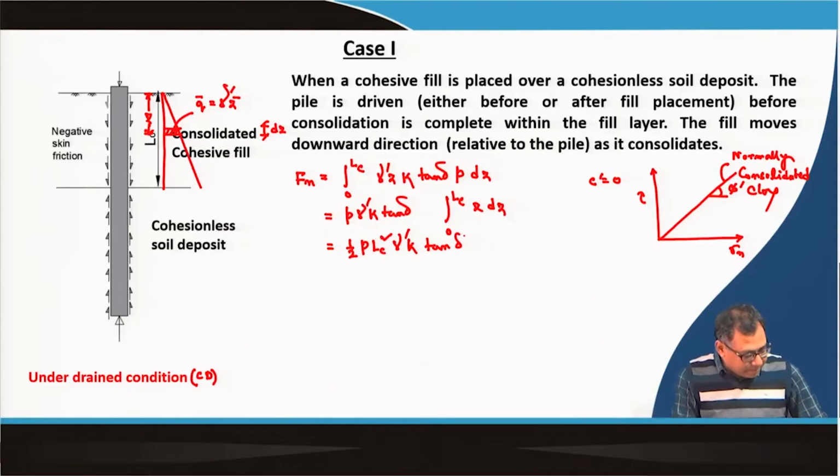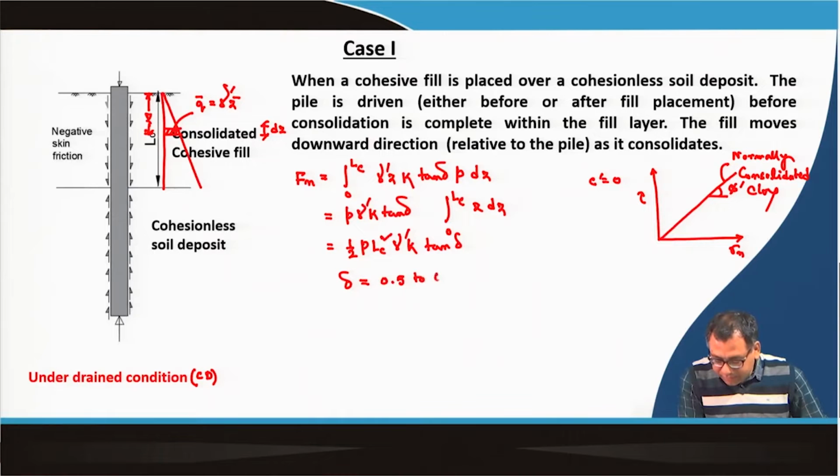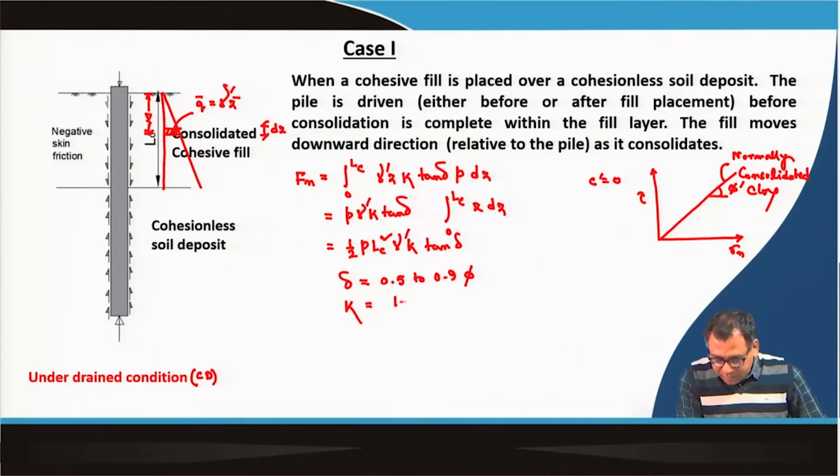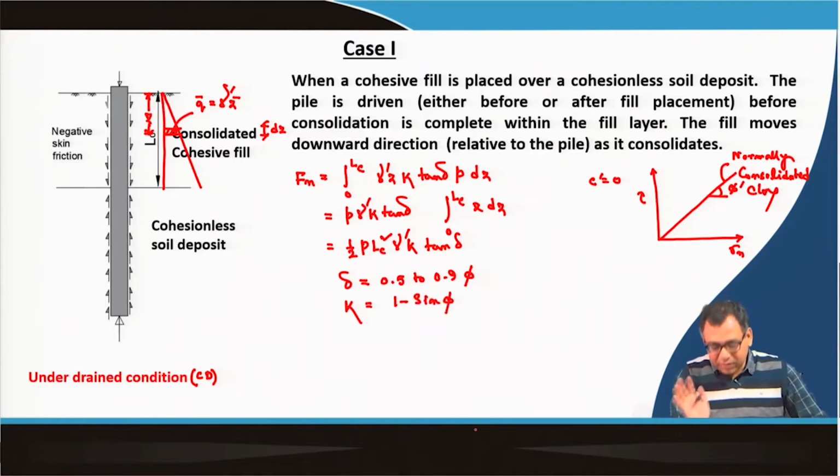Here delta is taken, for this particular case, as 0.5 to 0.95 phi, where phi is the friction angle of this soil or the field, and k you can take as 1 minus sin phi, which is equal to the k 0.